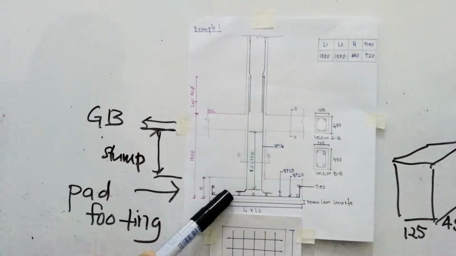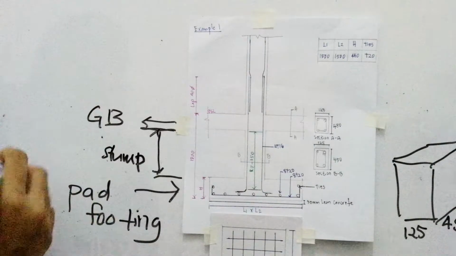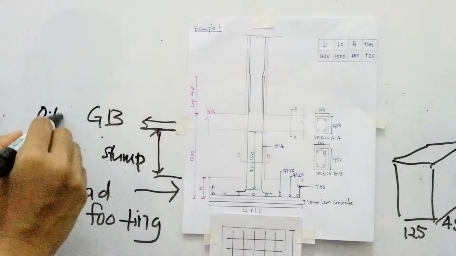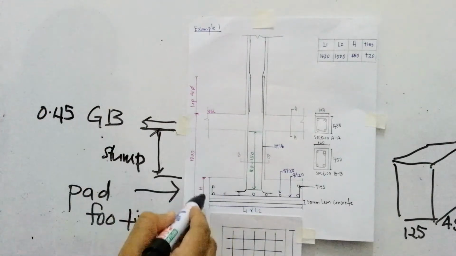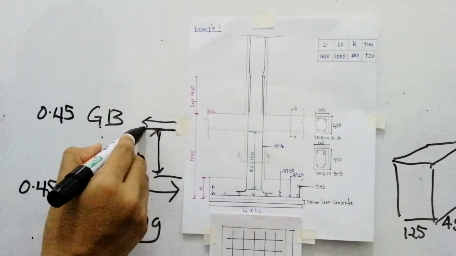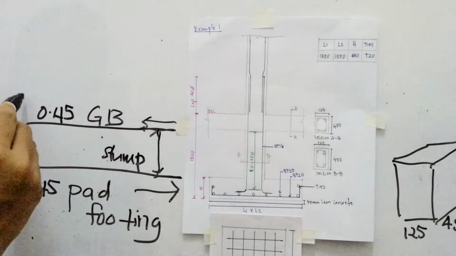So if I ask you what is the height of your stump, it is 1.8 minus thickness of your ground beam, which is 0.45, minus thickness H, which is 0.45.